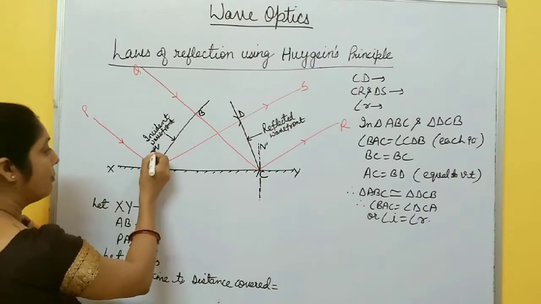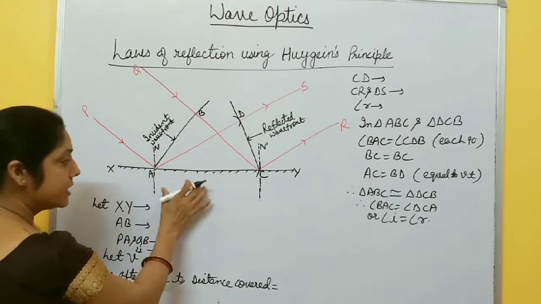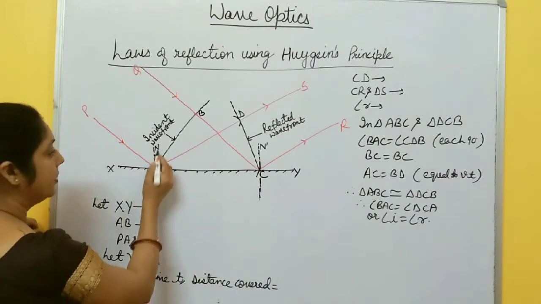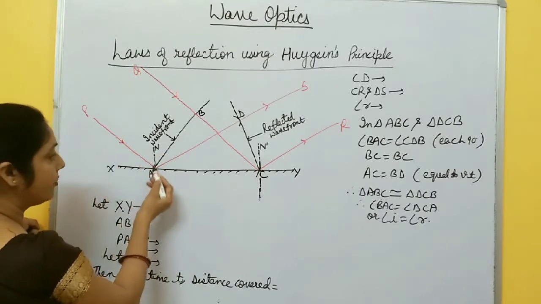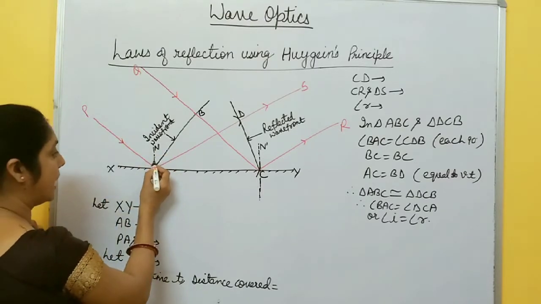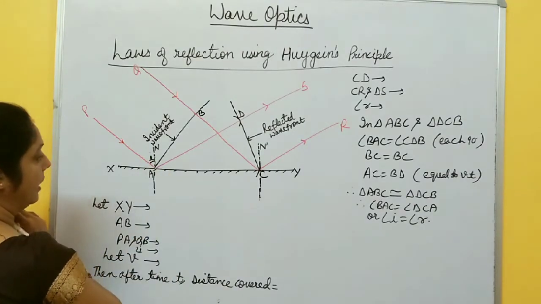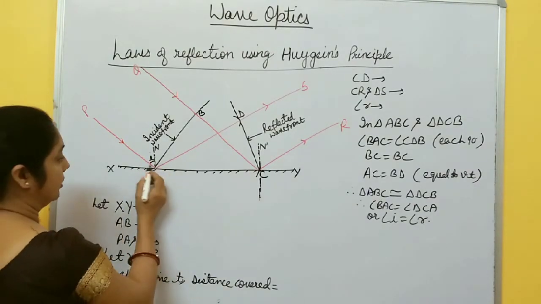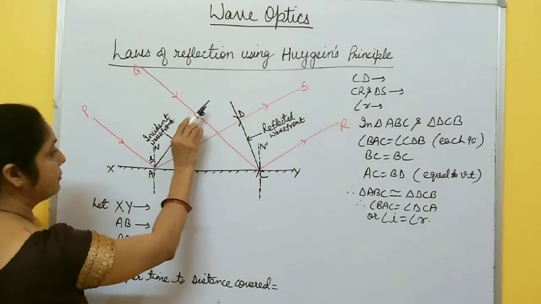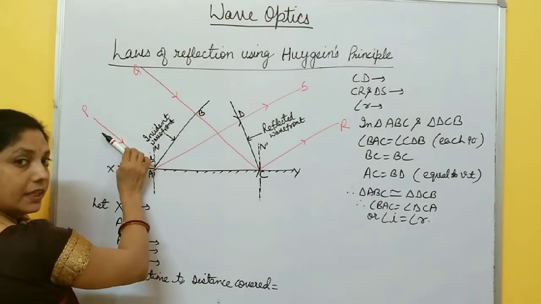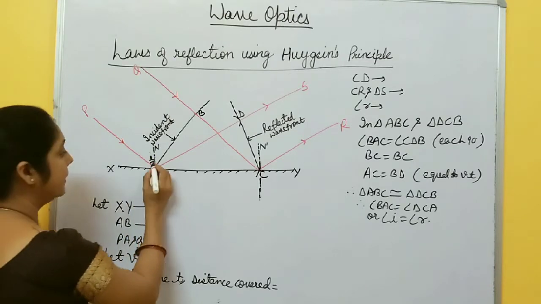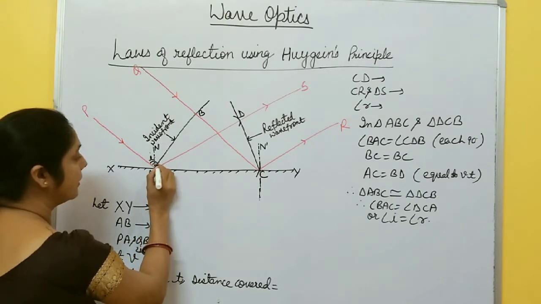Any ray perpendicular to the incident wavefront is called an incident ray. Again, you draw one normal to this reflecting surface, and the angle between the incident ray and this normal is the angle of incidence i. And one more thing: this wavefront and this incident ray are at 90 degrees, so this angle is 90 degrees.